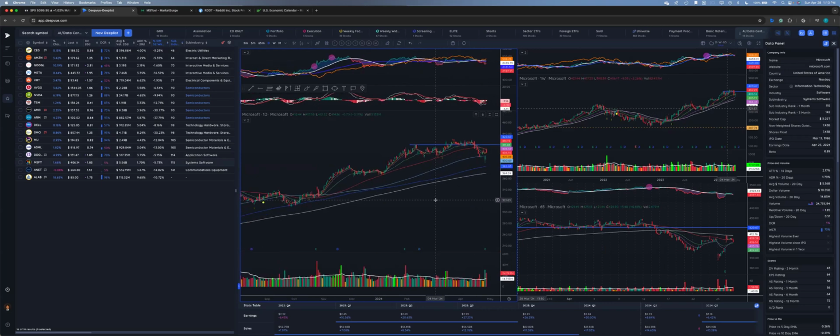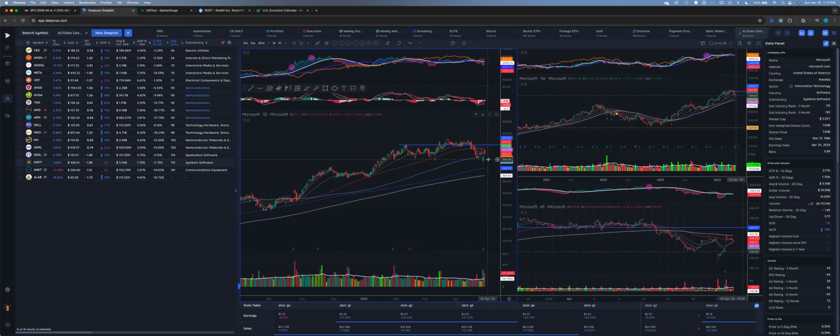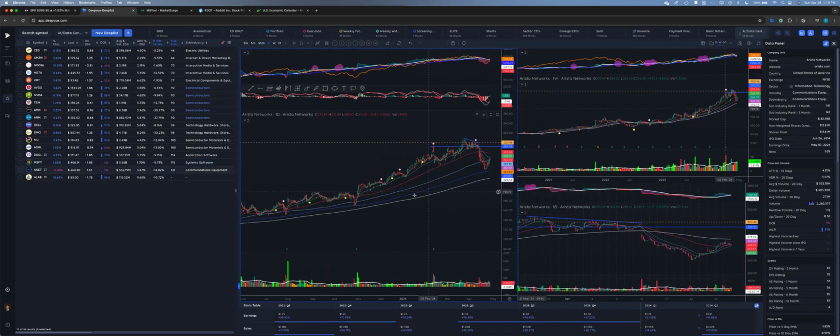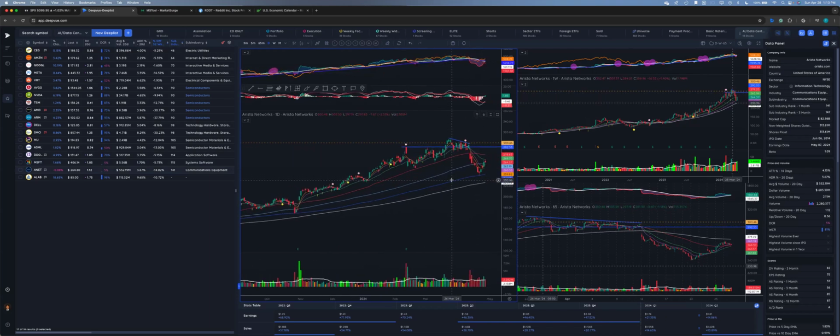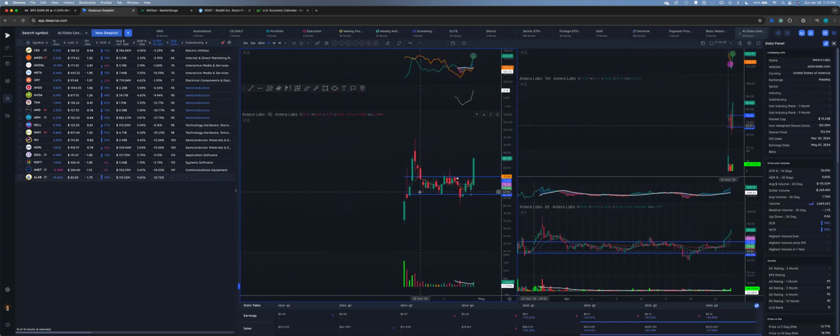Microsoft, the biggest stock in the stock market, also staging an island reversal, but we're getting rejected by the 50 and 21 so far. ANET, one of the earlier leaders that actually started moving before the November follow through day. We saw this pullback here back to the 150-day, but finding support so far. And then finally, this new IPO, A Lab, that's made a huge move last Friday.